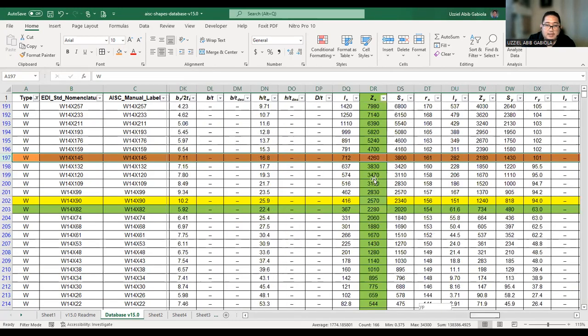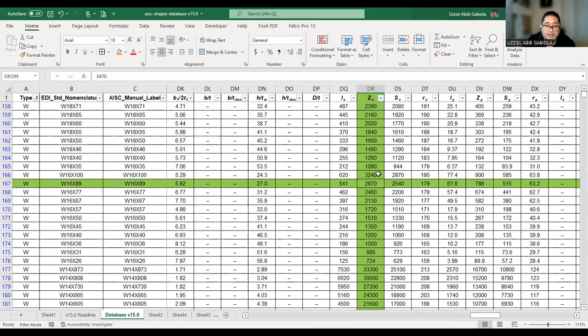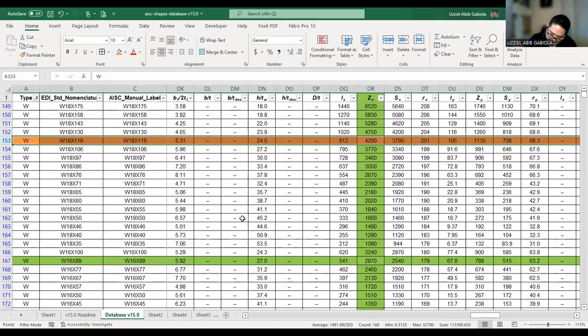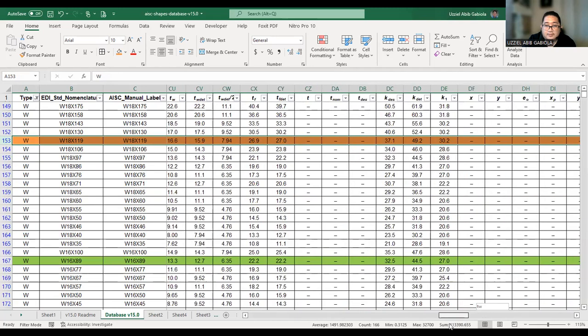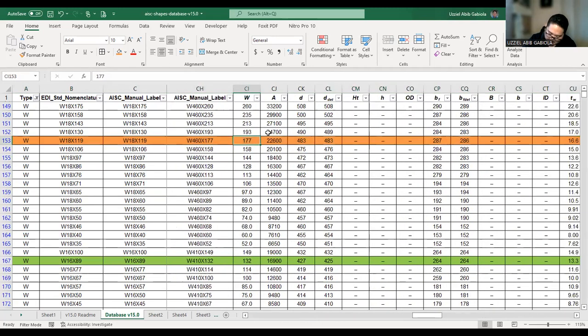Next. After ng 14, punta tayo sa 16. Tapos 4187, so walang 16. Sa 18 tayo. Yan, 4290 yung kasunod. So, W18 by 119. Ang kanyang ZX is 4290. And ang kanyang W is 177. Okay.